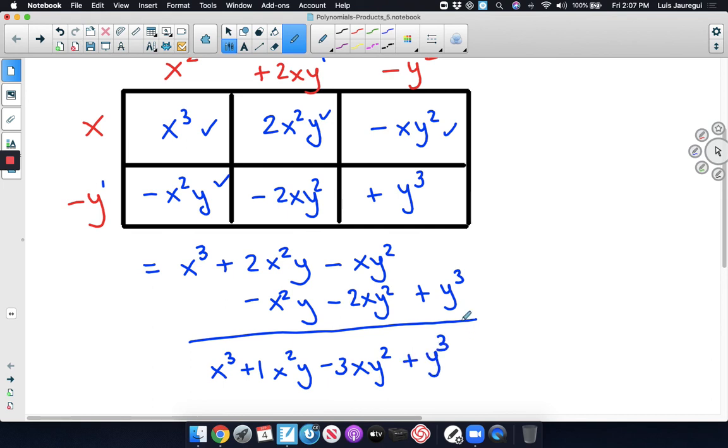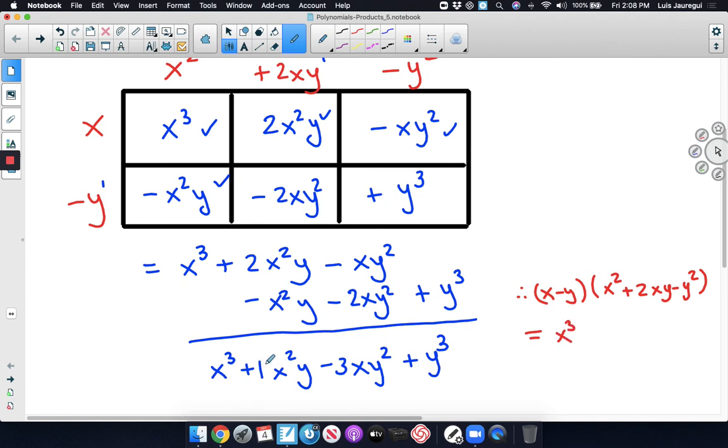So we can finish this problem by stating our conclusion. We can say, therefore, let me write it here on the side, therefore the product x minus y times x squared plus 2xy minus y squared is equal to this particular expression, which is x cubed.